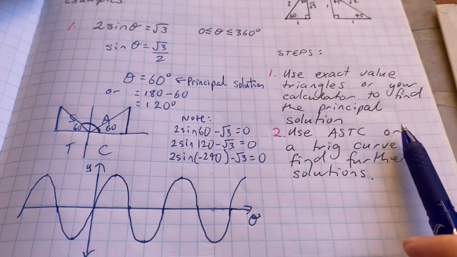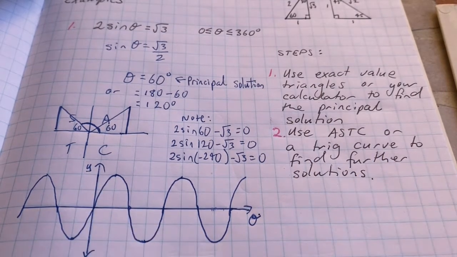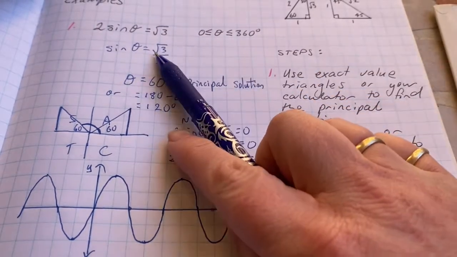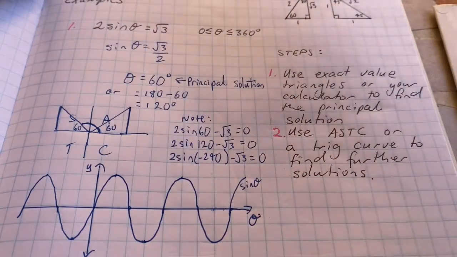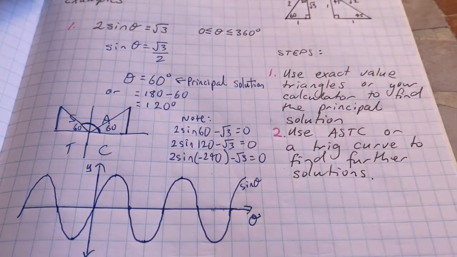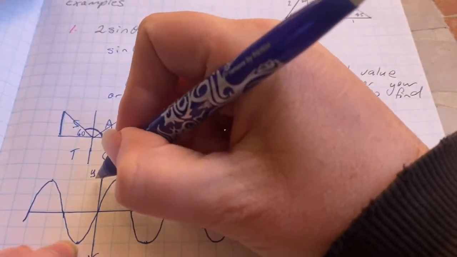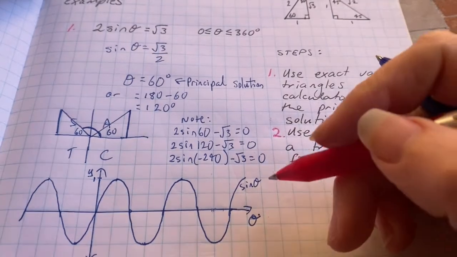Now, I did say you could also do it with the trig curves. So I'm just going to show you how to do that. So I've drawn here a sine curve. So what we want to know from here is, when does sine theta equal root 3 on 2? Now, root 3 on 2, that's around about 0.866. So this is 1. So we're saying, when is the y coordinate of this curve equal to root 3 on 2?